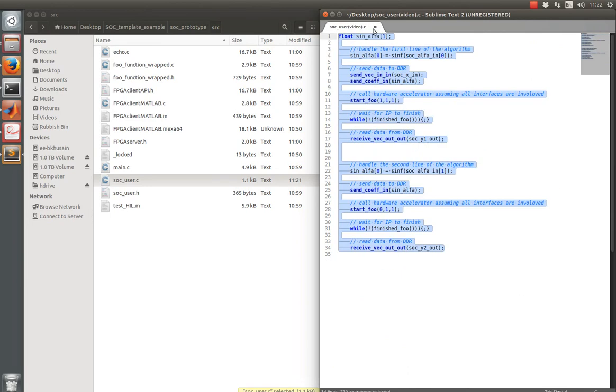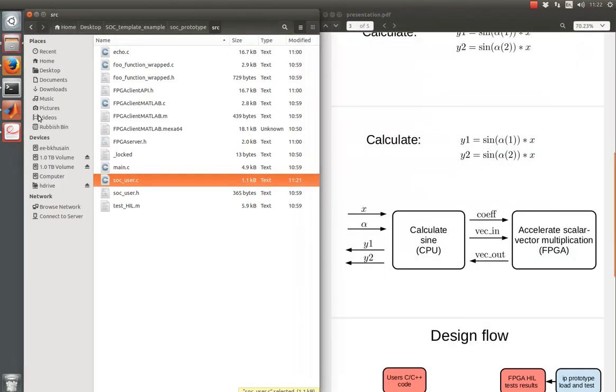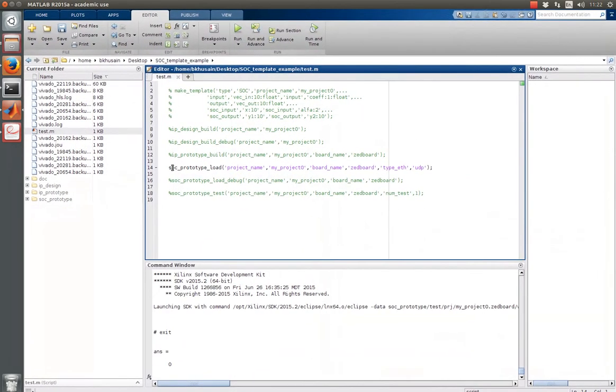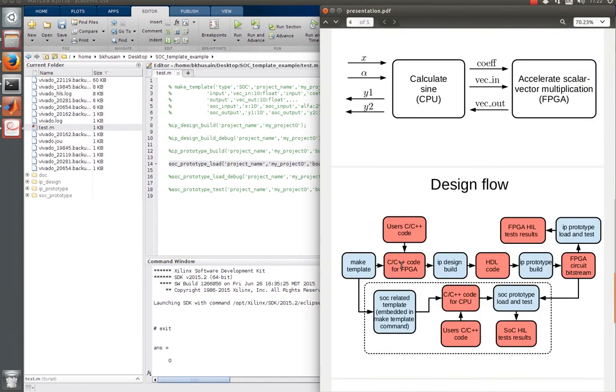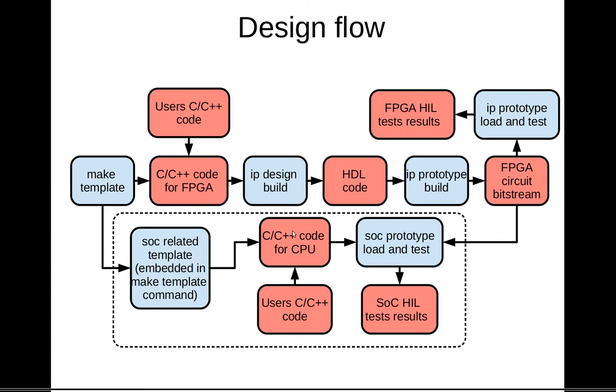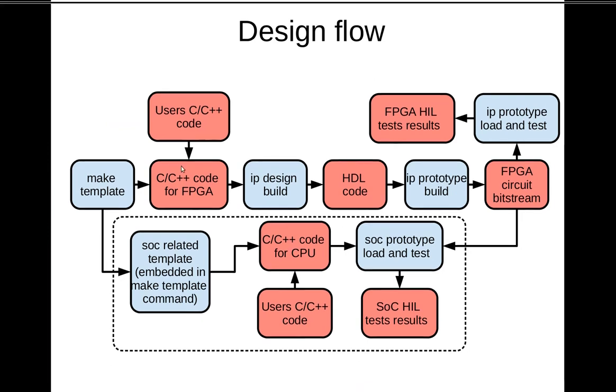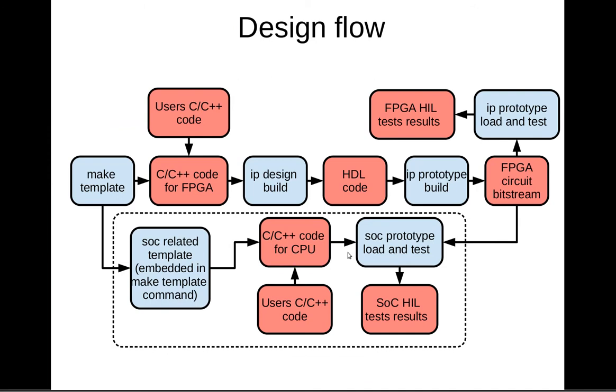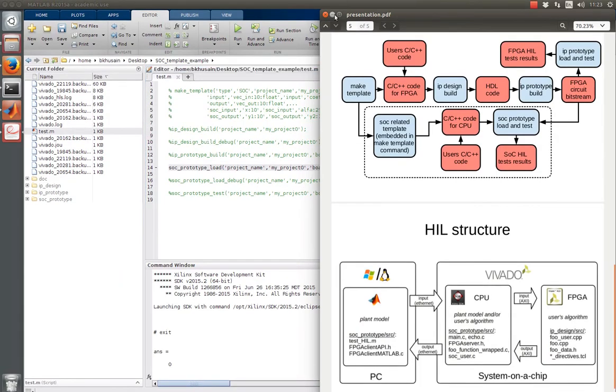Okay, now we have our code ready, and we're ready to call SoC prototype load. So calling SoC prototype load will take FPGA circuit bitstream, will take C code for CPU, will merge these two parts, and will load FPGA bitstream and compiled C code onto the hardware platform that we use.